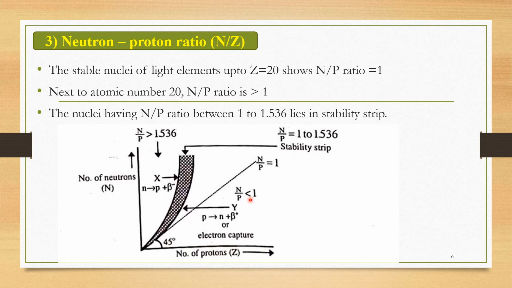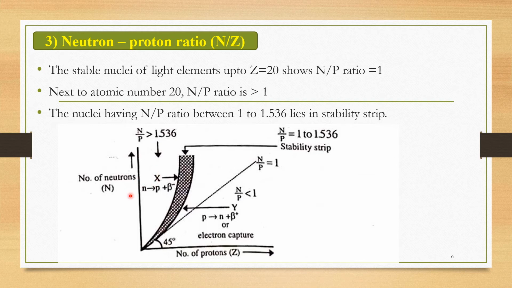So both these nuclei are called highly unstable. They want to become stable by entering into this stability region. First of all, we have to study how this X enters the stability strip, initially having a neutron-proton ratio greater than 1.536. So what happens?